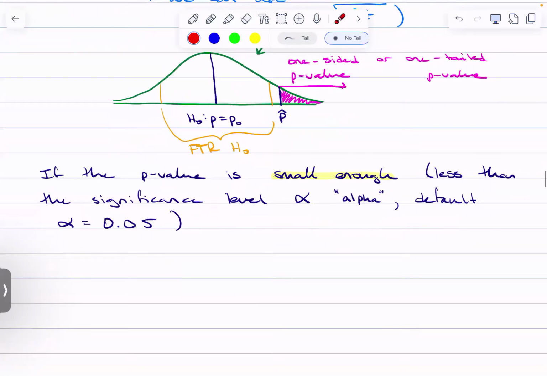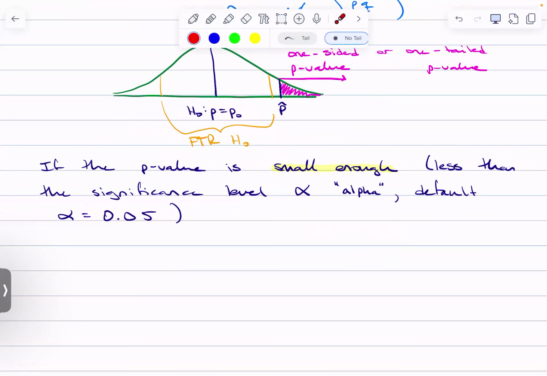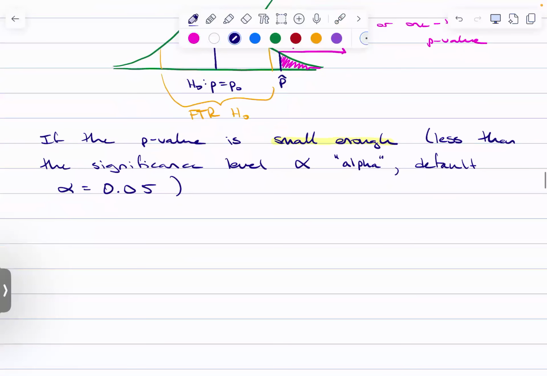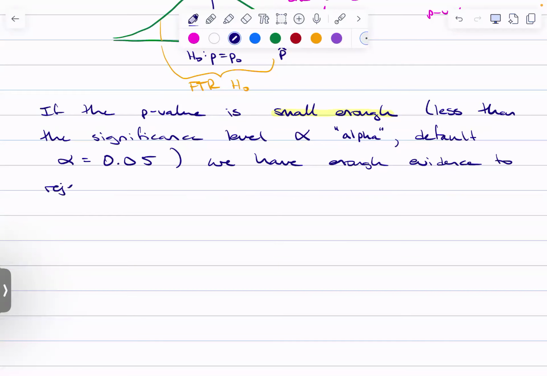And so if the p-value is small enough, so less than the alpha level, we have enough evidence to reject H naught in favor of HA.